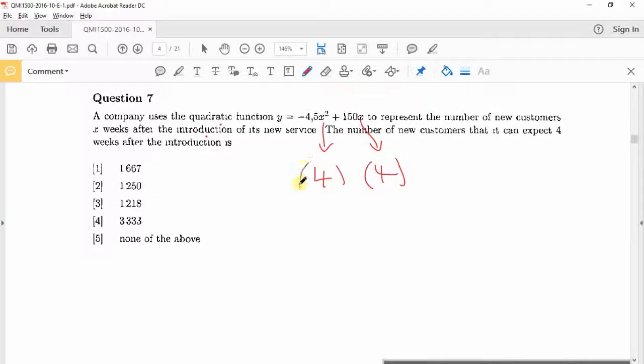Do you get 528? If so, there's nothing wrong with our working. So none of the above.